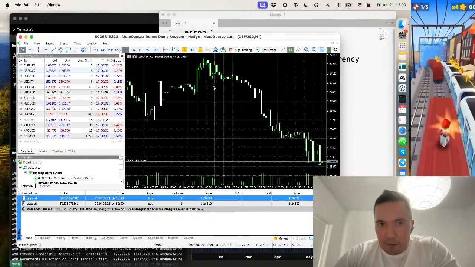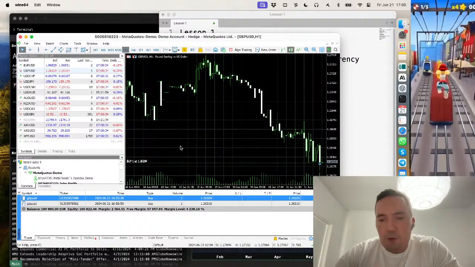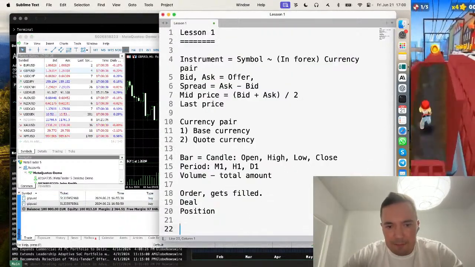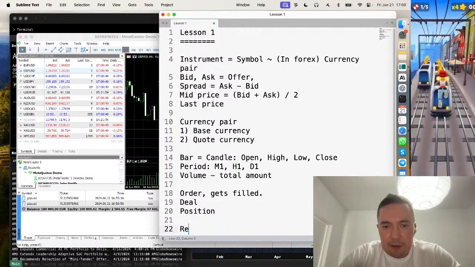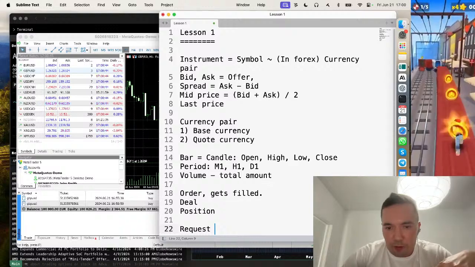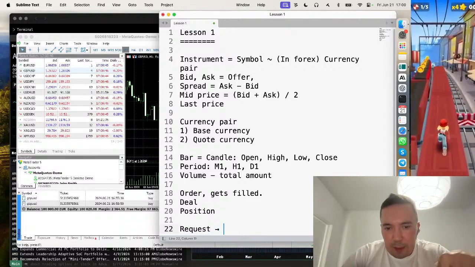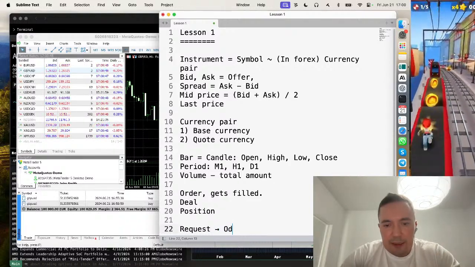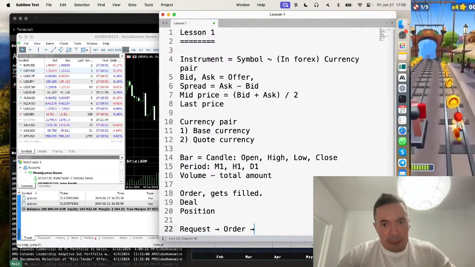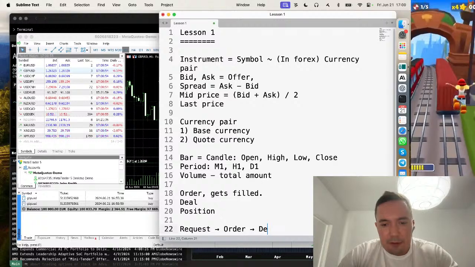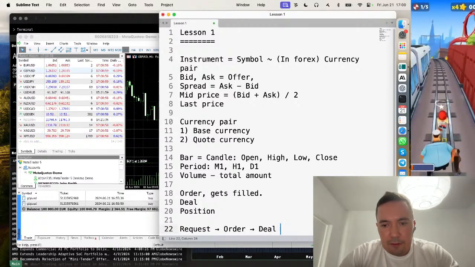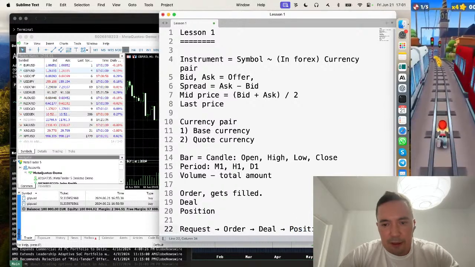So in MetaTrader, for example, what we in our work deal with, it goes like this, technically. There is a request to make an order. The request creates an order. An order, if it gets filled, creates a deal, and the result of a deal is a position like this.